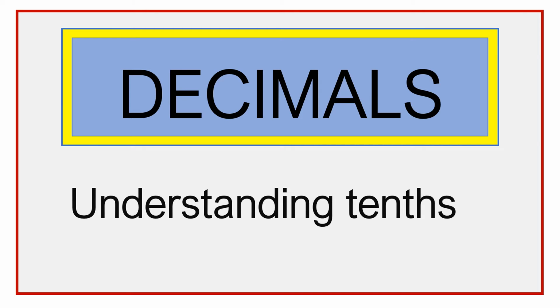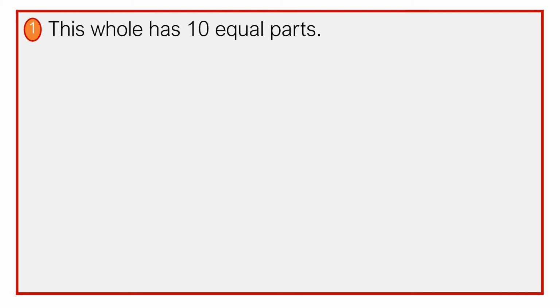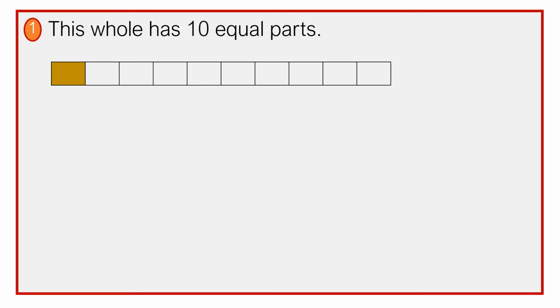So we are going to begin with understanding tenths. This whole has 10 equal parts. Out of 10 equal parts, 1 out of 10 parts is colored, and 9 out of 10 parts are not colored.